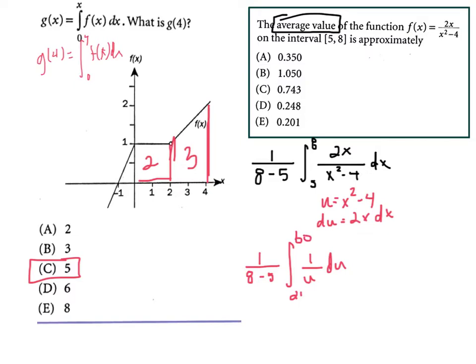So the antiderivative of 1 over u is natural log, so we'd get the natural log of u evaluated at 60 and 21, and then at the very end we'll multiply that by 1/3. I'll leave that for you to type in. Certainly you could have gone back and plugged x's in and had x squared minus 4, and then gone back to the original bounds in terms of x. But again, just a quick reminder of the area collector and the average value.